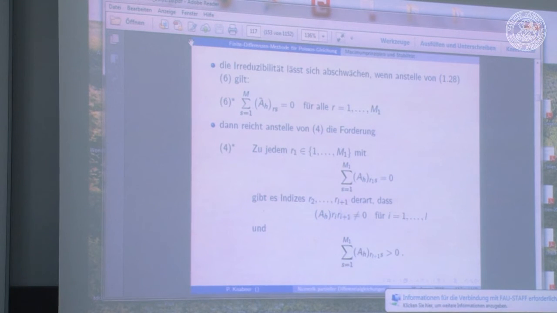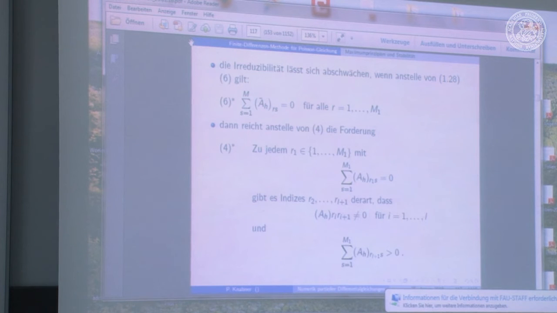What does irreducibility mean? It has different equivalent meanings, and one is that we can go, in the corresponding adjacency graph, along connections where the corresponding entries in the matrix are not 0, from every index to every index, which again means everything depends on everything.